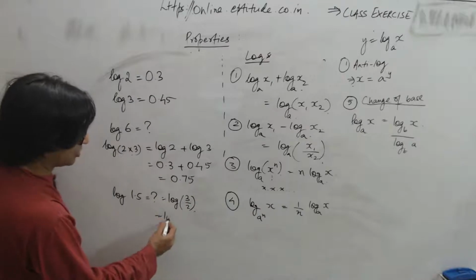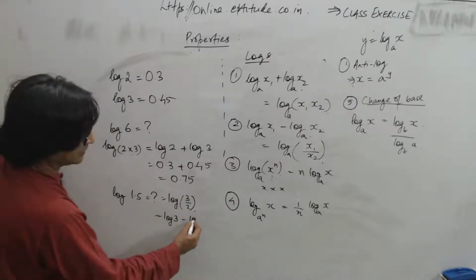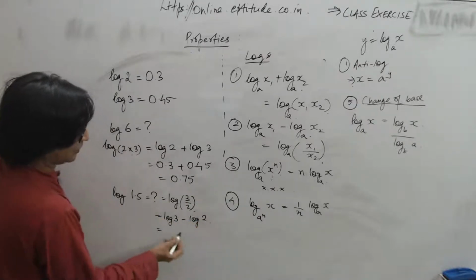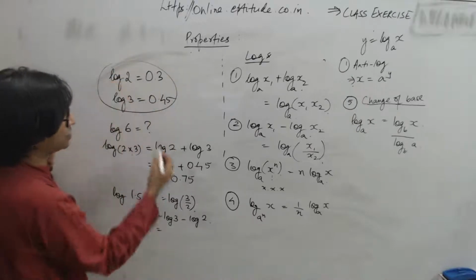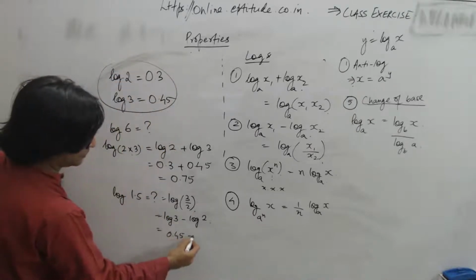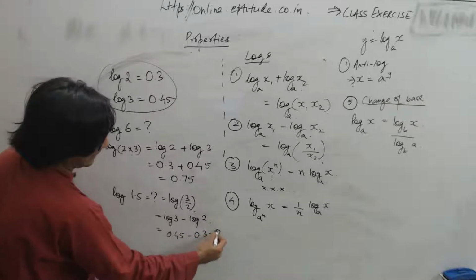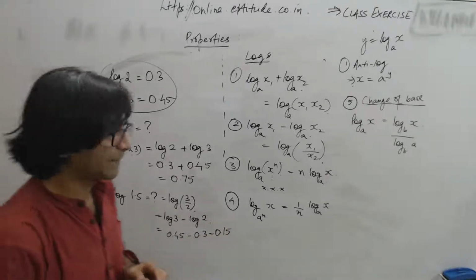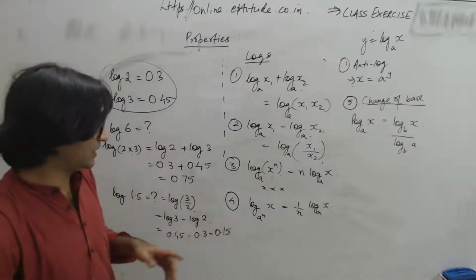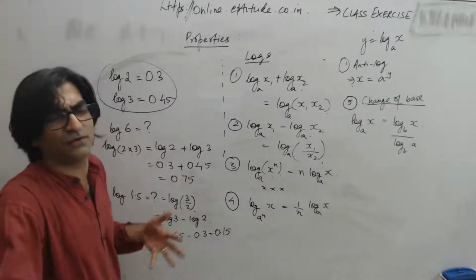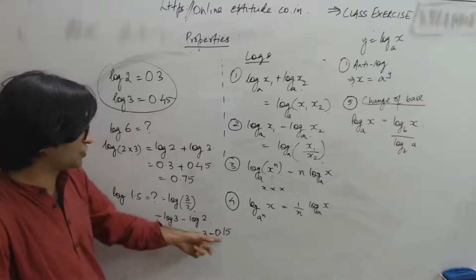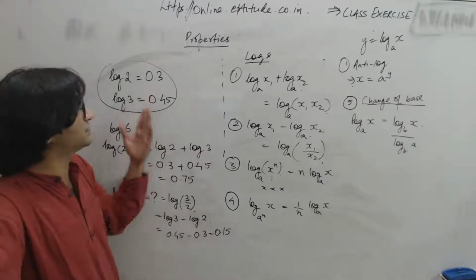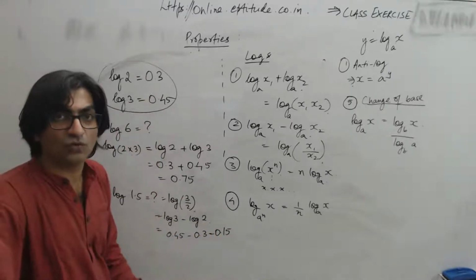So this can be written as log of 3 minus log of 2. Log of 3 is 0.45. Log of 2 is 0.3. So I end up getting 0.15. So the log of 1.5 is actually 0.15. It's a very fortuitous thing. It doesn't usually work out this way. But then, given these values, this at least is true.